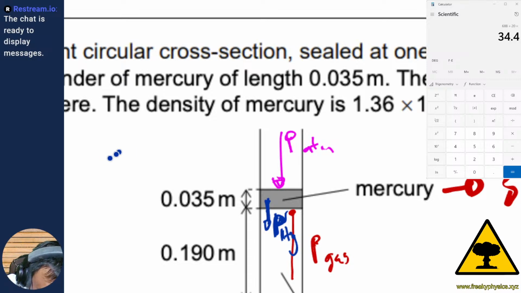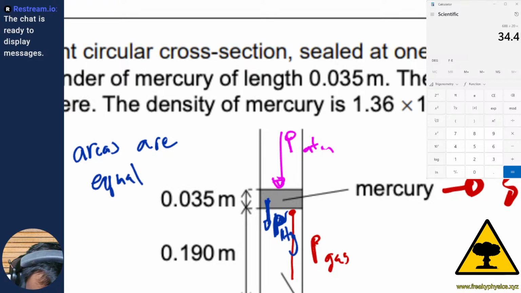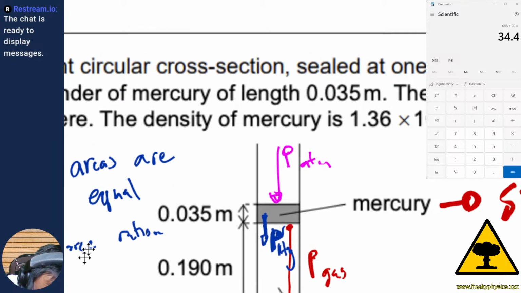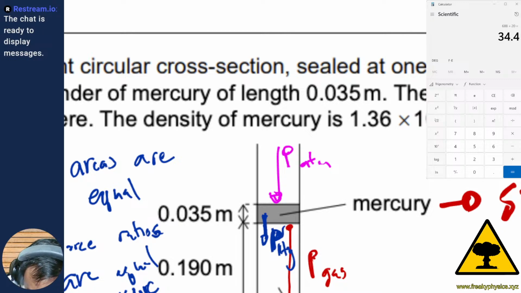Since areas are equal, the force ratios are equal to pressure ratios. So that's going to make it easy to solve. Now that we know that the pressure ratios are the same, what can we do here?